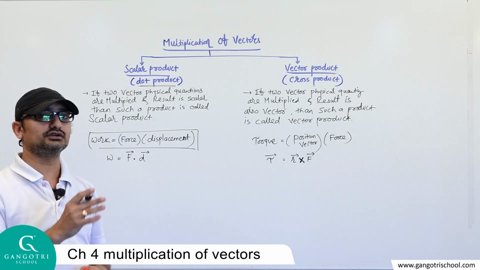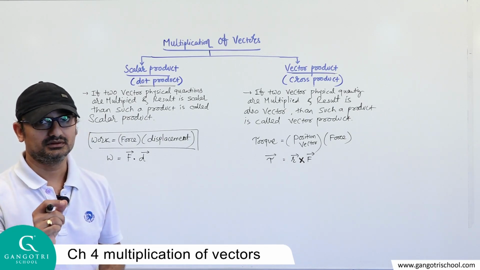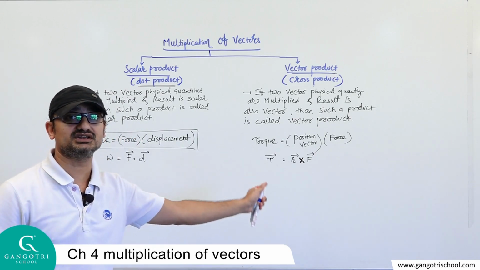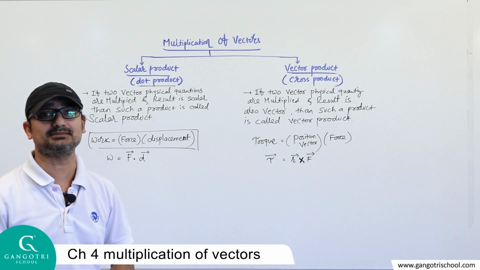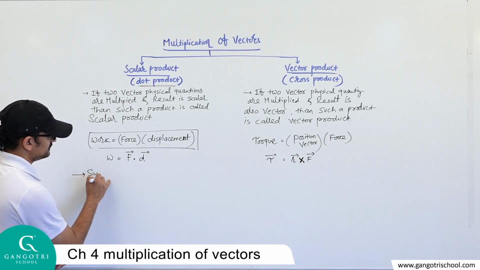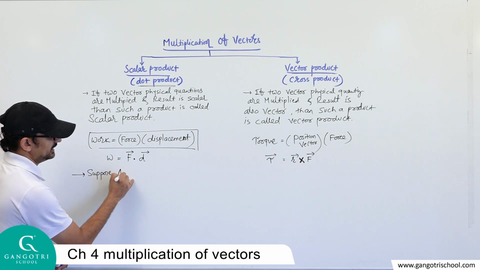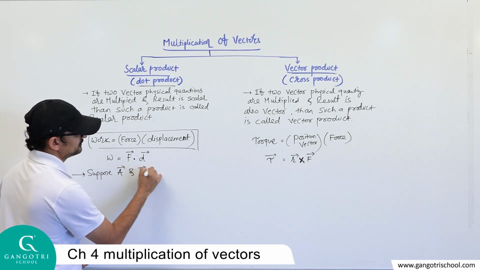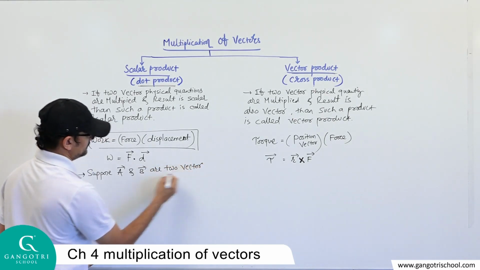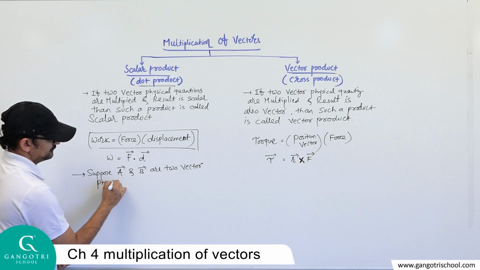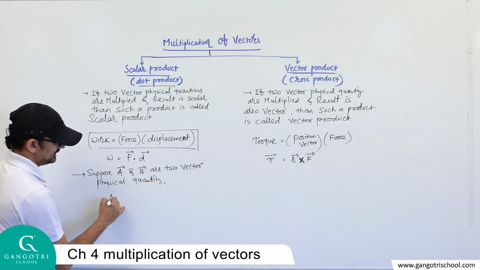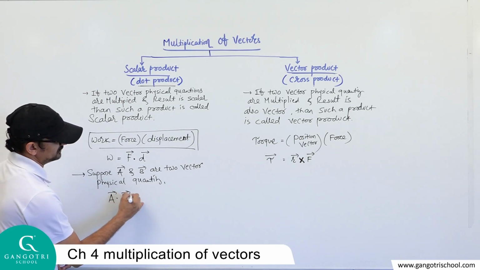At last, in the introduction, you should accept one equation. I'll give you one equation for the dot product and one equation for the cross product. You should accept this equation right now. Suppose A and B are two vector physical quantities, then A dot B is equal to what?